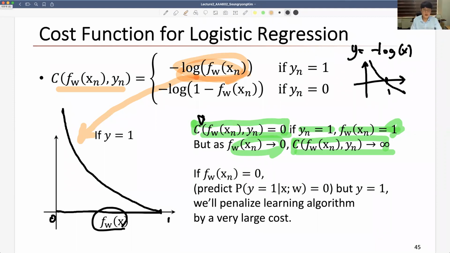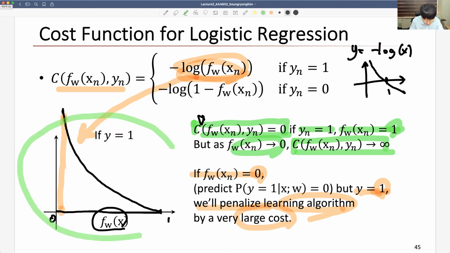In other words, if the mapping function output goes to 0, maybe here, but y is equal to 1, then this prediction is not correct, right? So in that case, we have to penalize the learning algorithm by a very large cost, maybe here, right? So this cost function is used in the y is equal to 1 case.